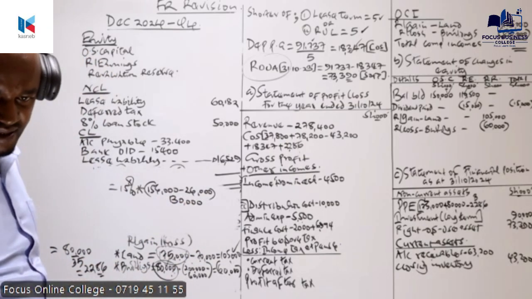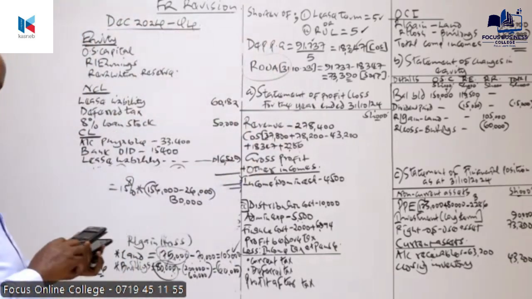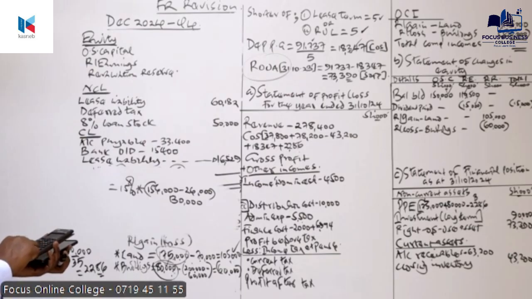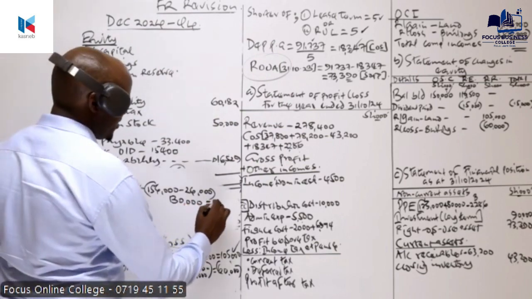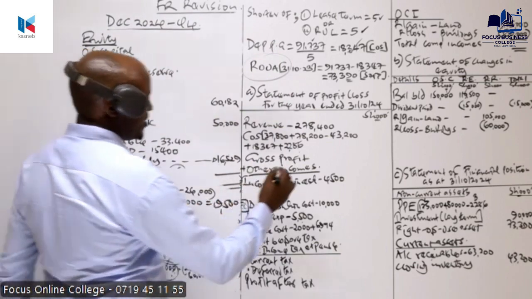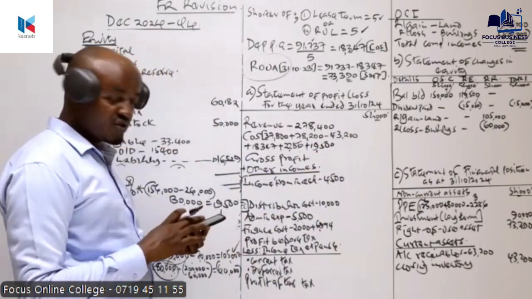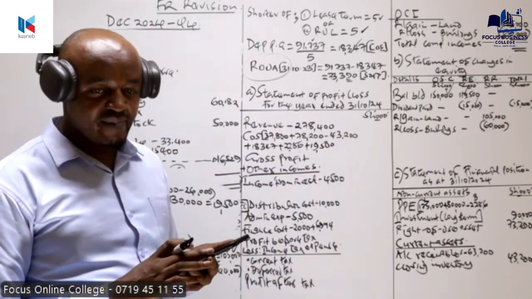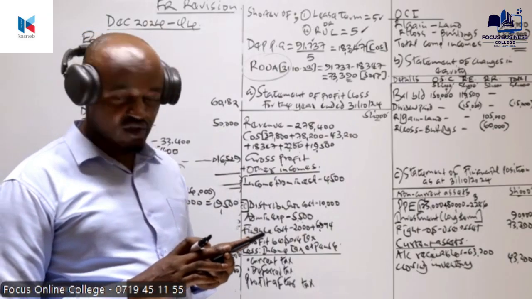We get 15% of that. 15% of 130, what are you getting here? 19.5. Yes, 19.5. This one will be included within the cost of sales. That's what you're told in note number 2, the last paragraph: depreciation had to be included under the cost of sales.